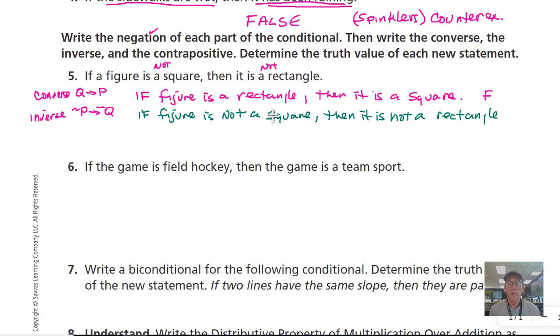So let's think about this. You have a figure that's not a square. Okay, could be like a pentagon. Then it's not a rectangle. That makes it true.